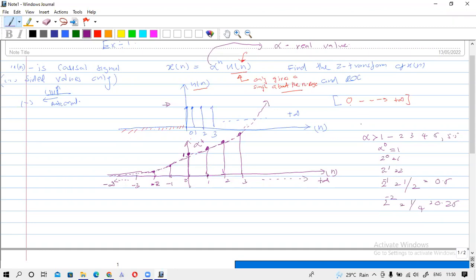What happens if alpha is a, what is that called, rational number? I can't remember the word. Let's say that alpha is between 0 and 1. So that is only a decimal value, not a complete value.